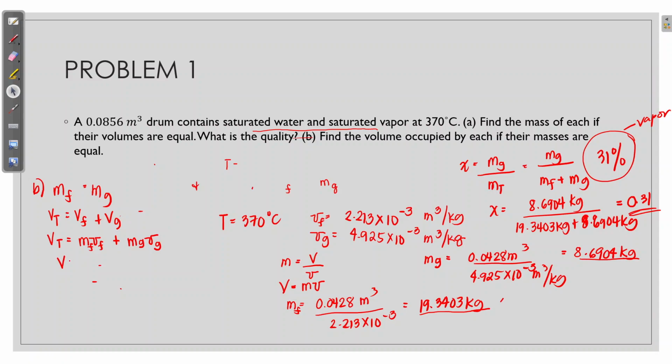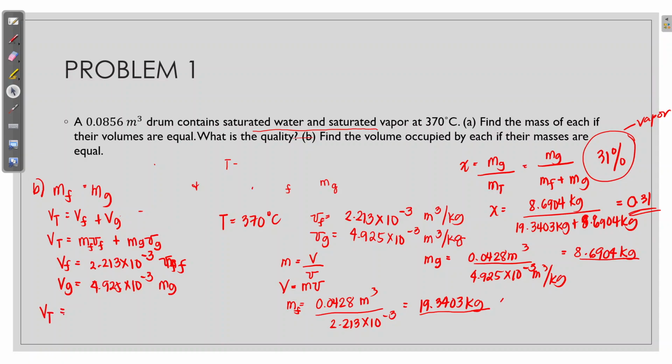So, ang VF natin ay equivalent sa, ito yung given, di ba? So mf times 2.213 times 10 raised to negative 3, tapos ang VG natin ay equivalent sa 4.925 times 10 raised to negative 3 mg. Okay, so substitute lang natin.